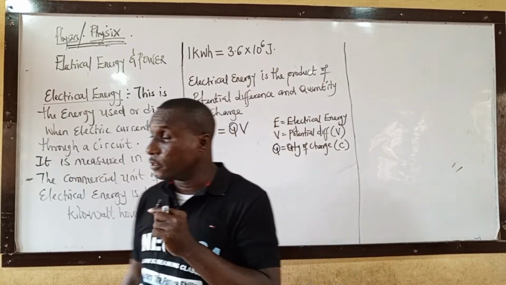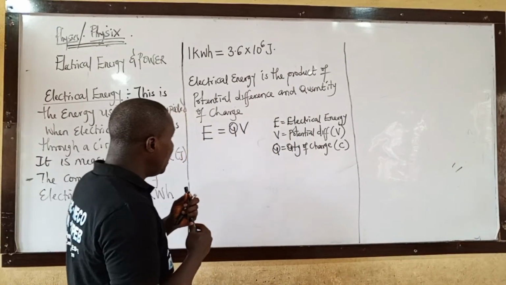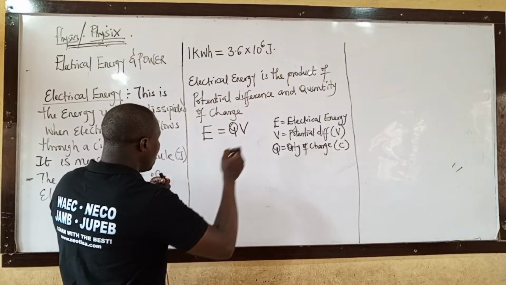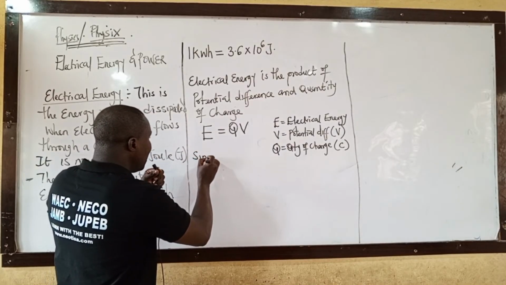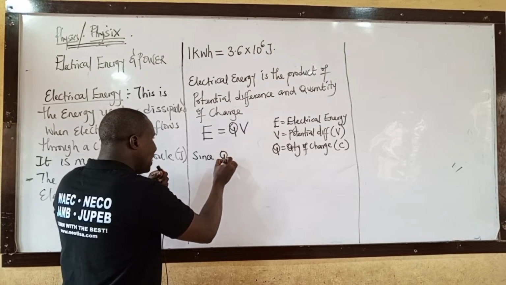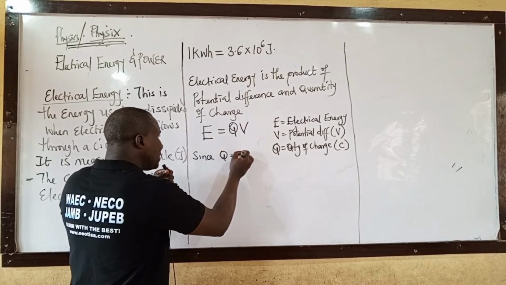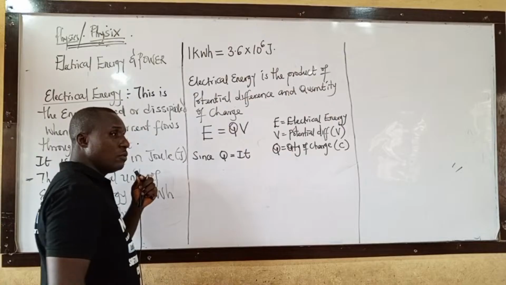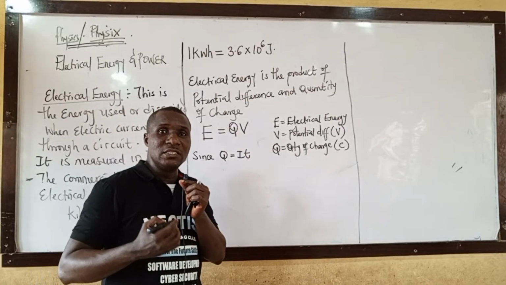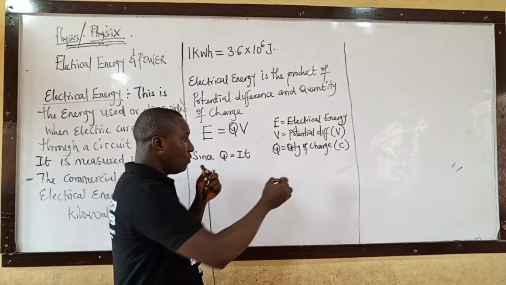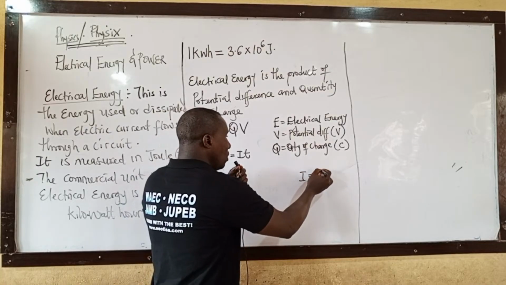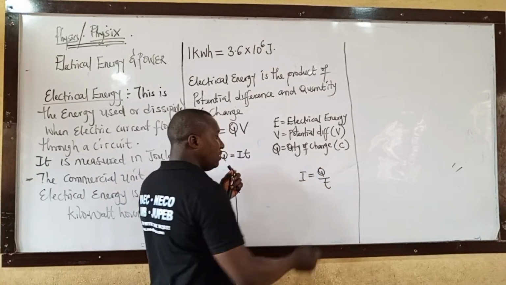Then from current, since I know that quantity of charge equals current times time. Don't forget, current is the rate of flow of charge.